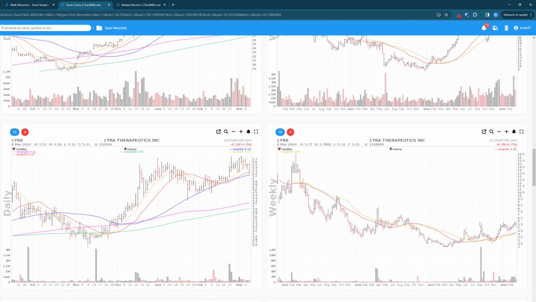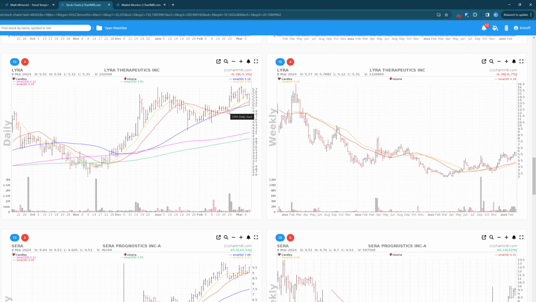Lyra Therapeutics, also this one, it looked very nice, but then last Friday it lost minus 3.3%. But still on the weekly chart, it seems that it's ready for a breakout into a new stage 2. So there is a cup and handle pattern, as you can see over here, or even a head and shoulders.